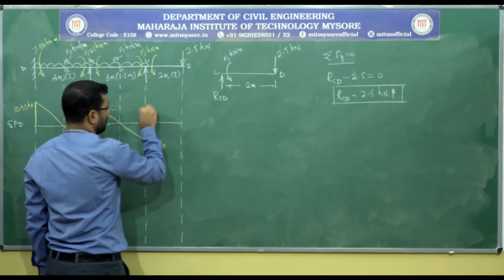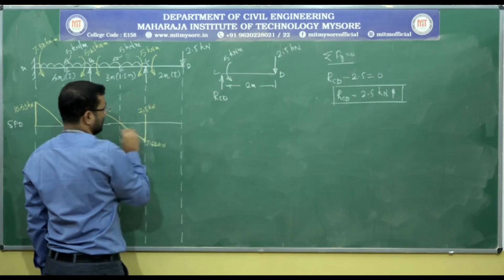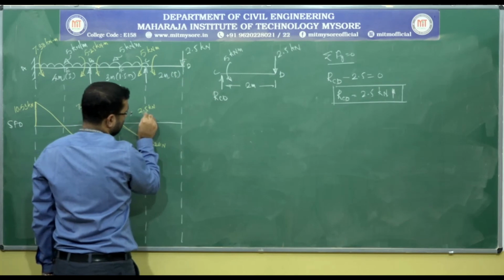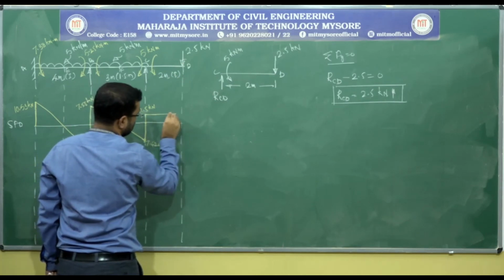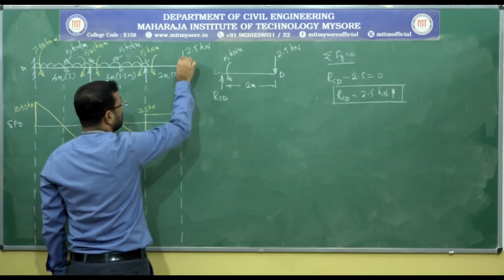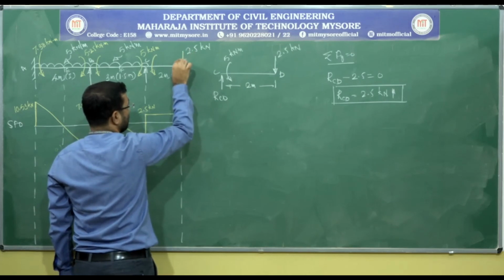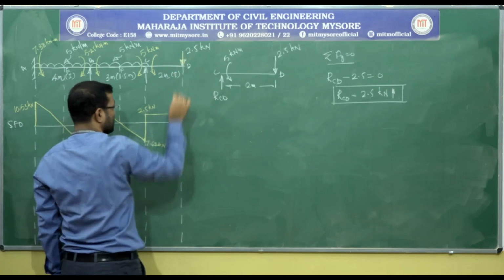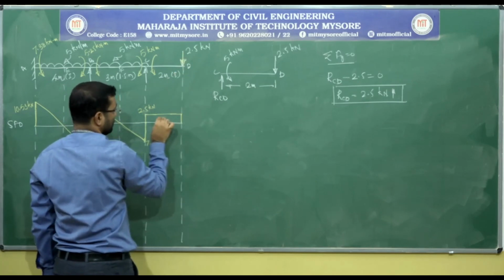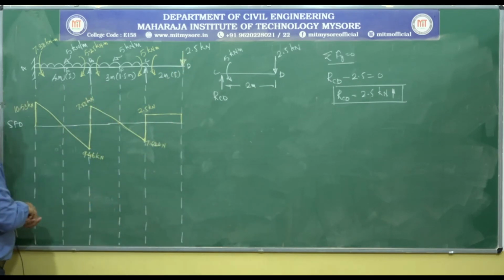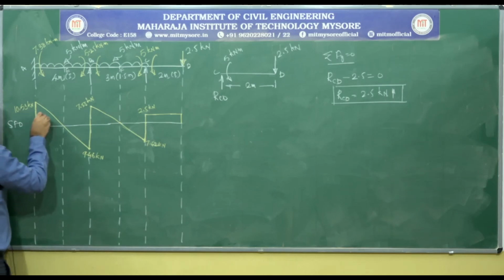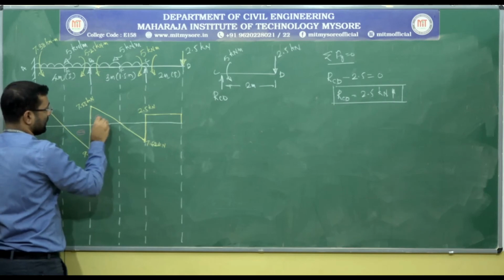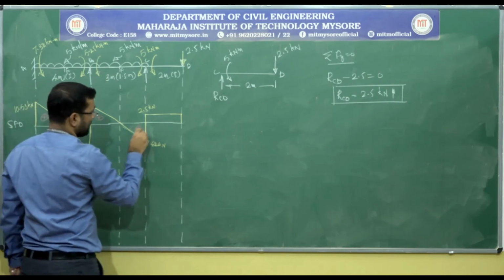It is 2.5 kilonewton. From C to D we don't have any loads, so I have to maintain the shear force diagram constant. But at D point we have a force acting vertically downwards. So this is plus 2.5, this is minus 2.5, it will be 0. The portion of the diagram above the datum line is a positive shear force, below it is negative shear force.